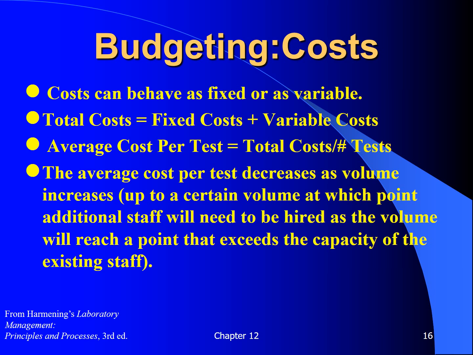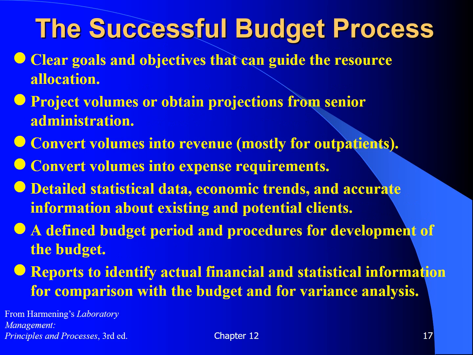Variable costs increase or decrease proportionally as activity changes. It is important that the labor expenses are accurate to estimate the budgetary needs. The success of budget process depends on the items listed in this slide.